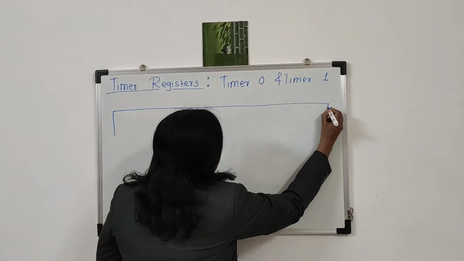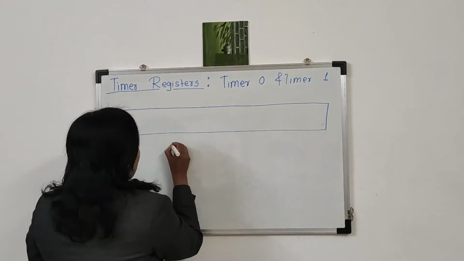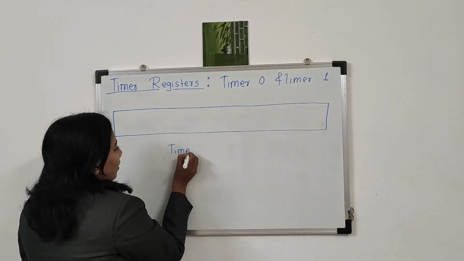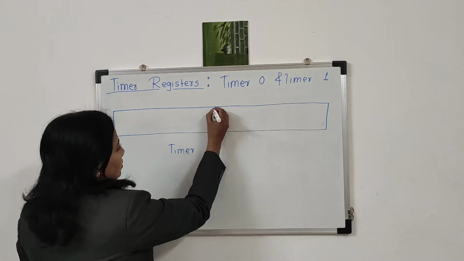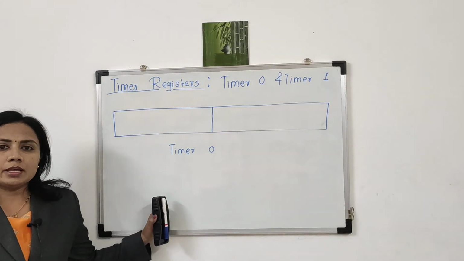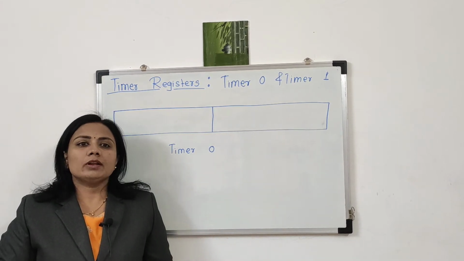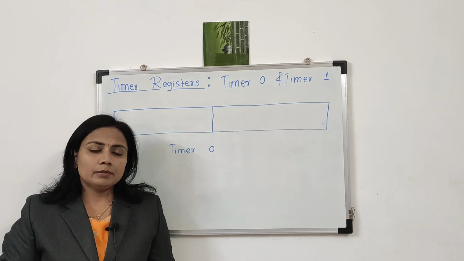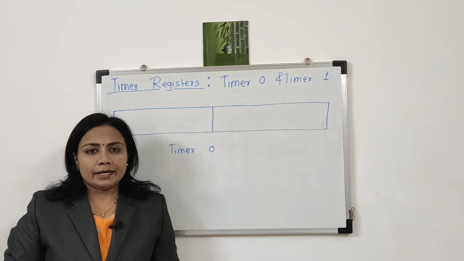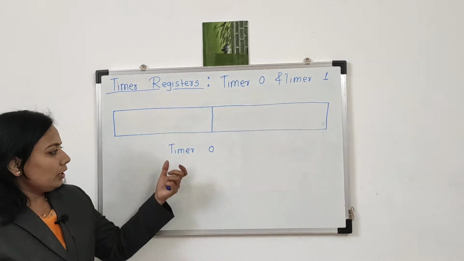So this is a bit structure for the 16-bit timer register. Suppose this is the timer 0 register. This timer 0 register is actually 16-bit, but whenever we want to use it, it is split into 2 bytes, that is timer low byte and timer high byte.